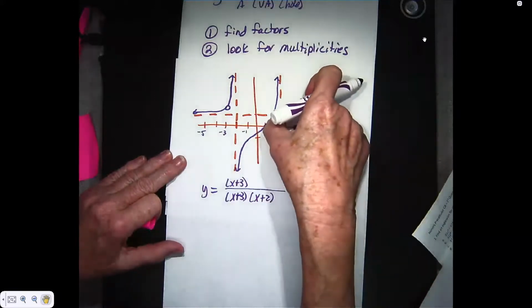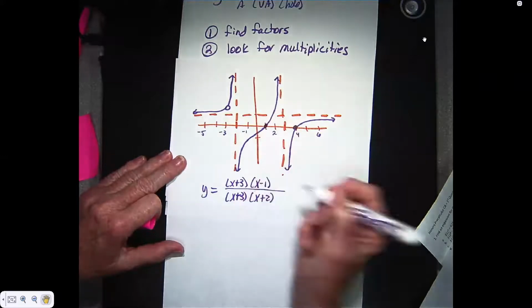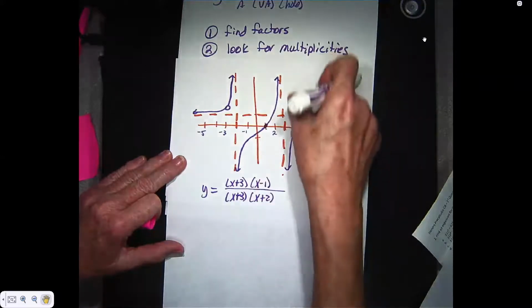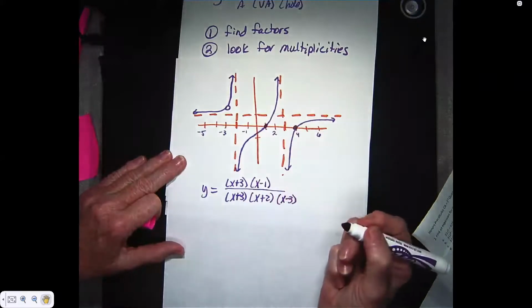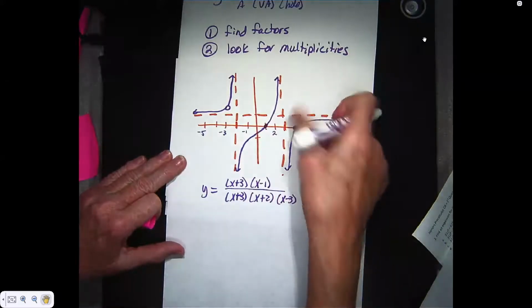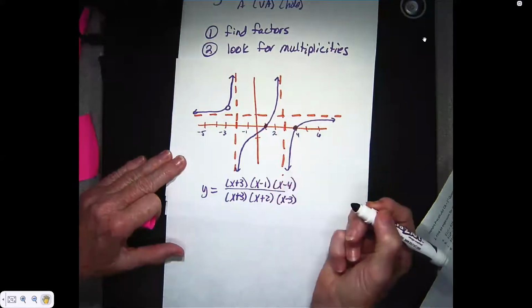There is an x-intercept at 1, so x minus 1 goes on the top. There is a vertical asymptote at 3, so x minus 3 goes on the bottom. And there is an x-intercept at 4, so x minus 4 goes on the top.